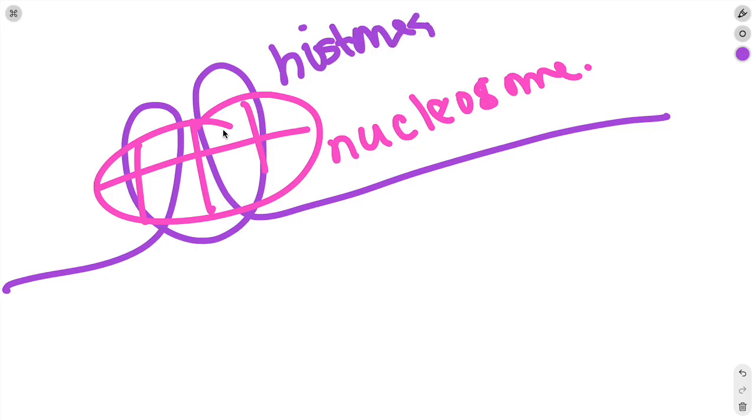Estrogen receptor functions by affecting these histones.